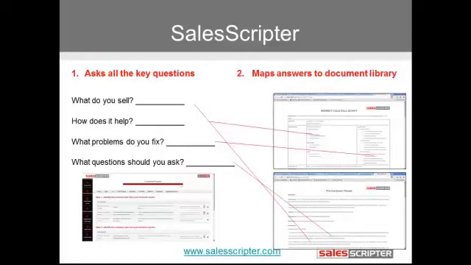One is the questions help you to get your ducks in a row, because most salespeople and most business owners have all this valuable knowledge just floating around their head, but it's not really organized in the right way, or they're not completely aware of all the key things and all the great things that they do. So when they improvise in a meeting or on a call, they're not able to access all those key nuggets of data.